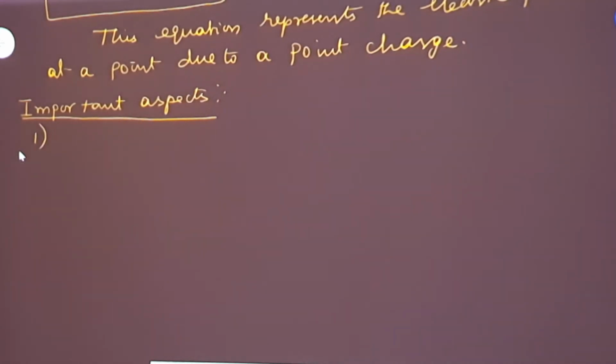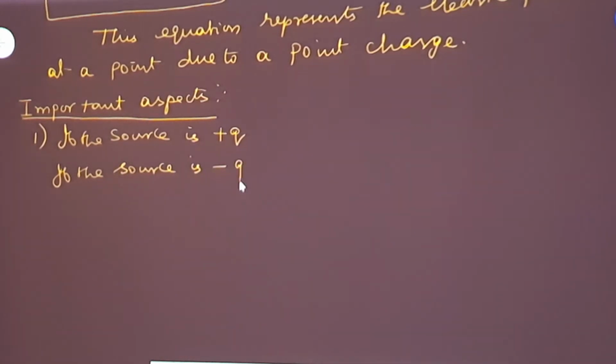Point number 1. When you are considering the source charge, it may be either positive or negative. If the source charge is positive, that is plus q, or if the source charge is negative, that is minus q, what will happen? If the source charge is plus q, then the potential V will be greater than 0.